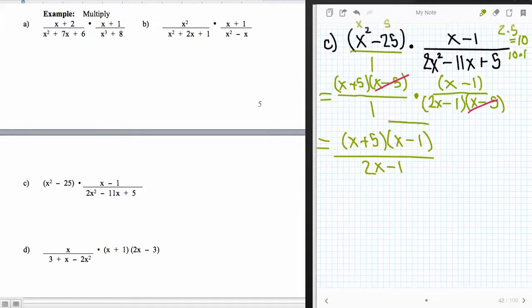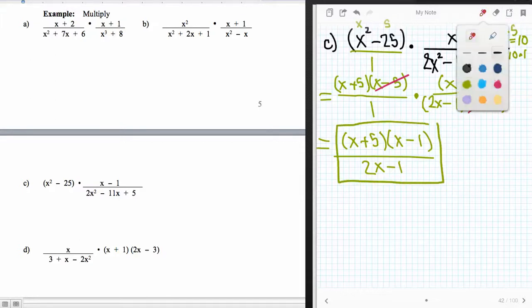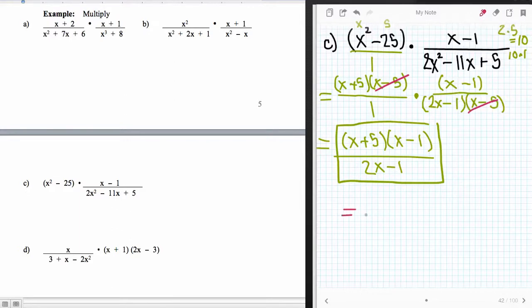And that is, again, how most intermediate algebra texts would leave it. However, if you're using a basic algebra text, you very well may see this rewritten as x squared plus 4x minus 5 all over 2x minus 1, where they have literally multiplied out the numerator so that it looks like a polynomial over a polynomial.